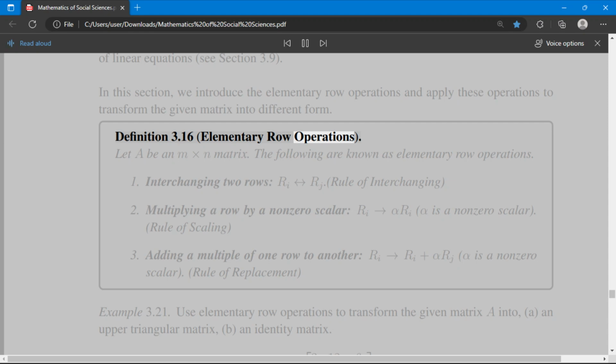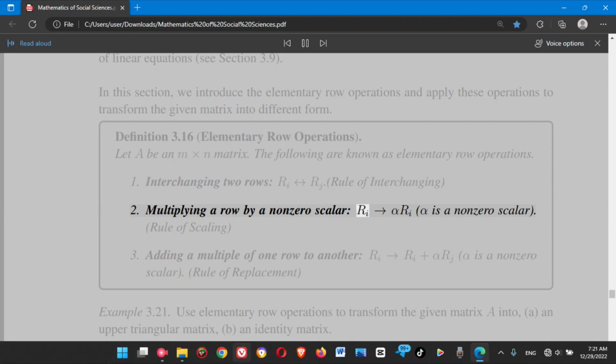Definition 3.16. Elementary row operations. Let A be an m times n matrix. The following are known as elementary row operations. 1. Interchanging two rows. Ri left right arrow Rj. Rule of interchanging. 2.